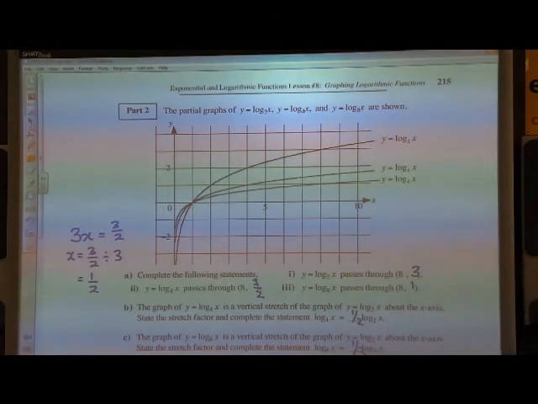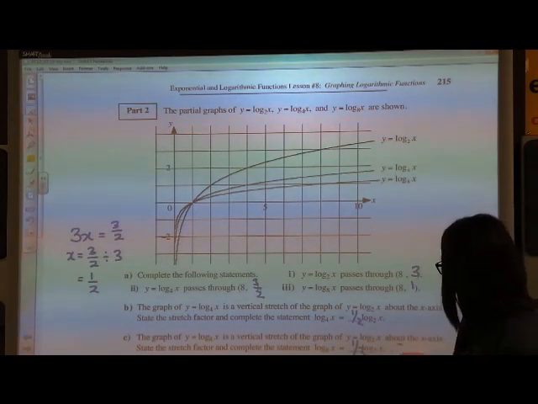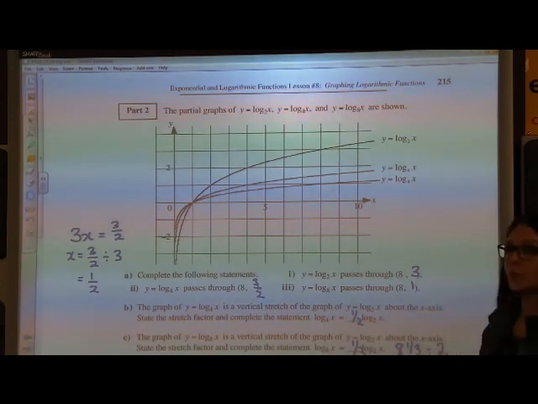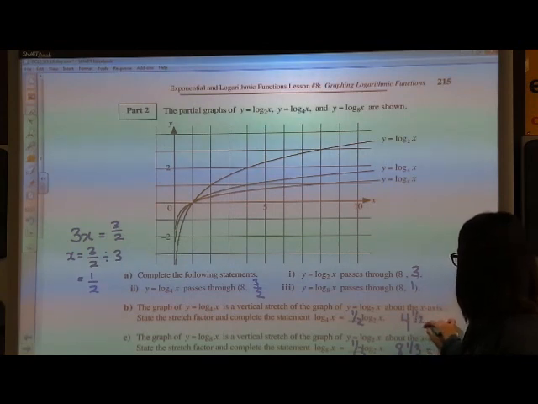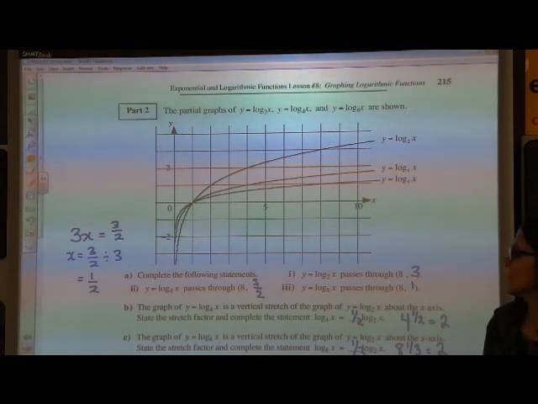And here's something to look at. 8 to the power of 1/3 equals 2. 4 to the power of 1/3 equals 2. Or sorry, 4 to the power of 1/2 equals 2.